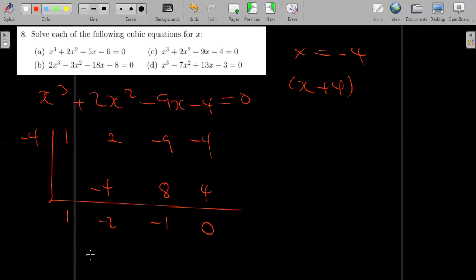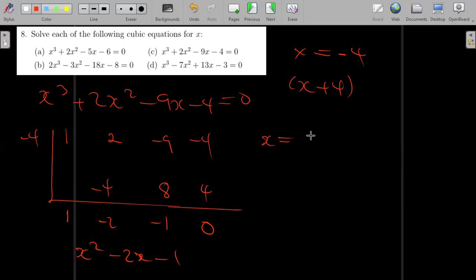So this simplifies to the quadratic x squared minus 2x minus 1. So from here, can I find these using factors? Multiply that to get -1, add, and I see they do not have factors.